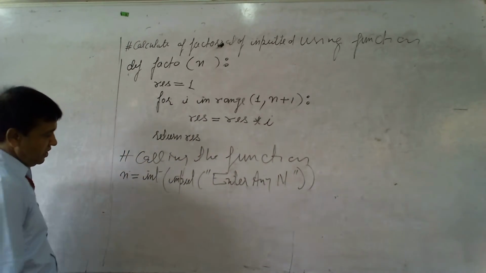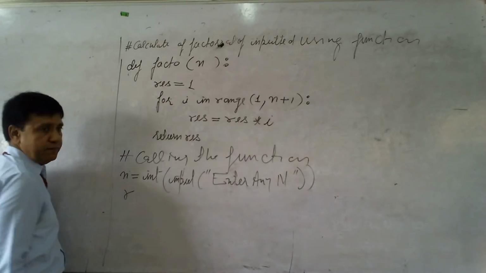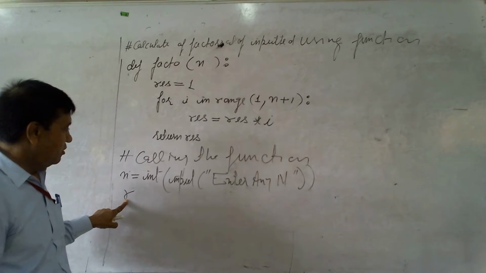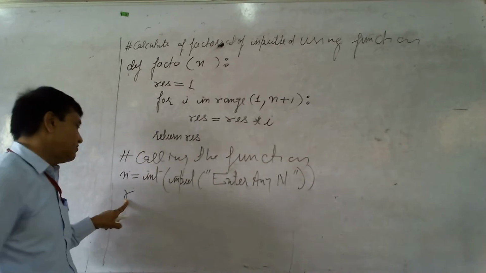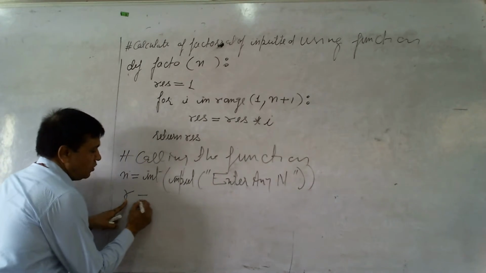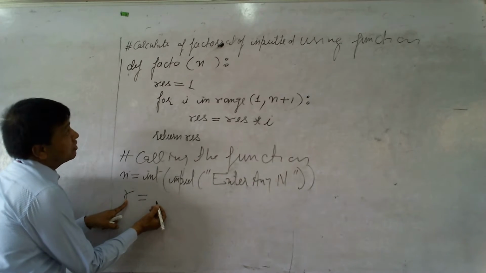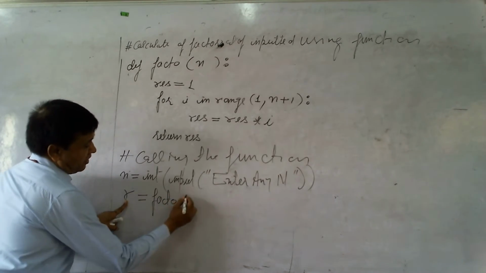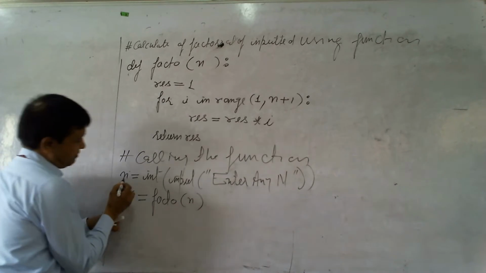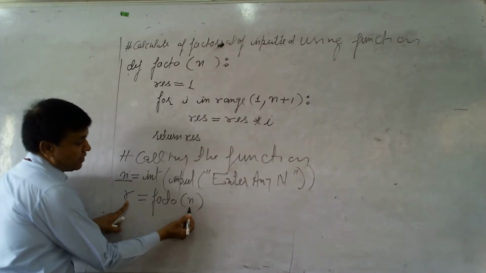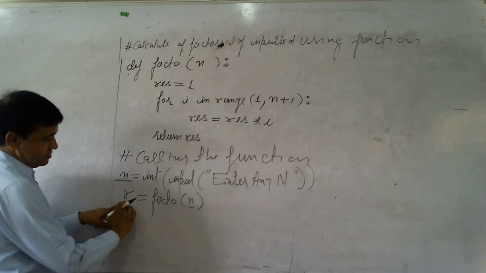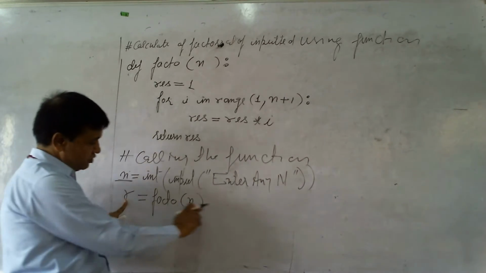Now finally I will take one variable r which will store the value calculated by the function. r equal to the function name, facto, and I will use this parameter. The value which I have received here I am passing to the function. Fine. This is the statement which is normally used to call the function.